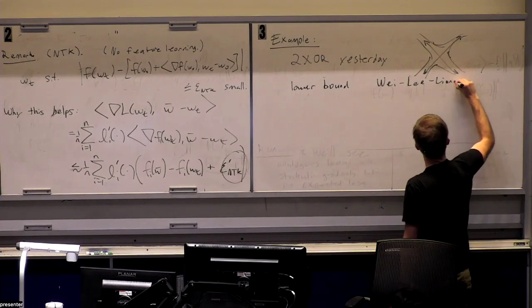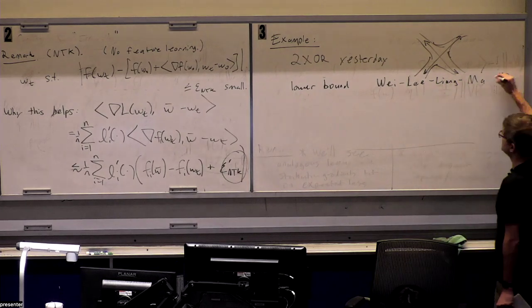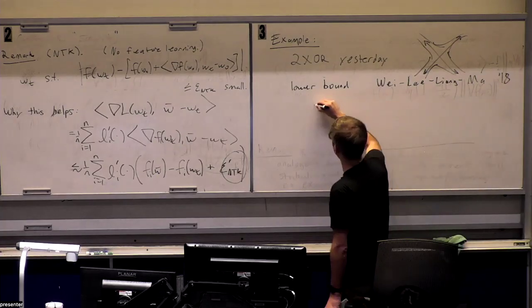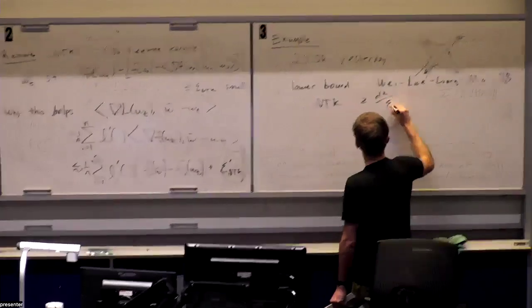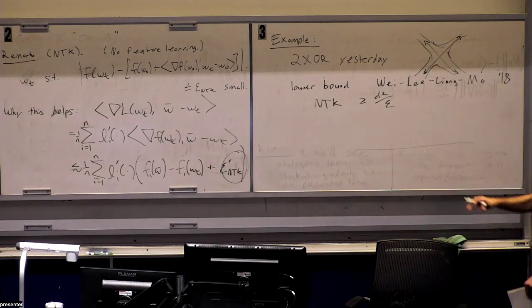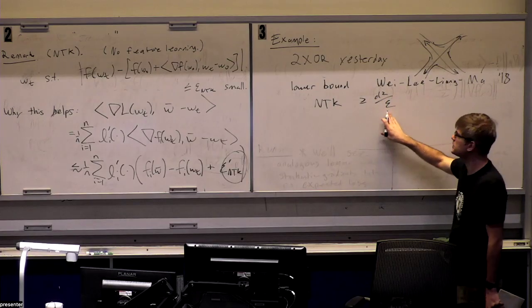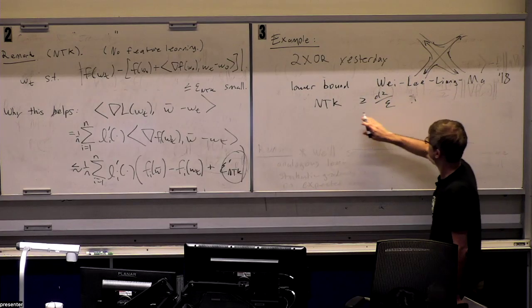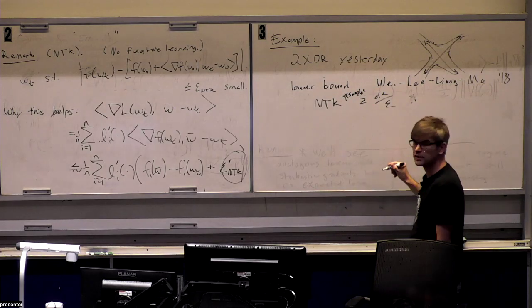I mainly remember Colin Wei. The lower bound says that the NTK test error on this problem is d squared over epsilon. So to get epsilon test error on this problem, you need d squared samples.